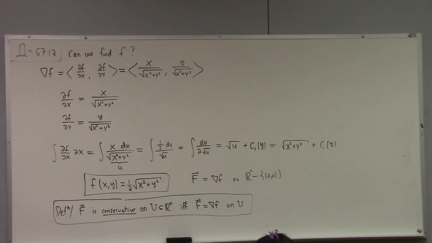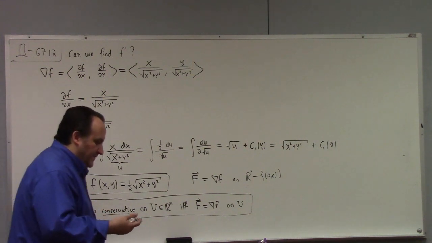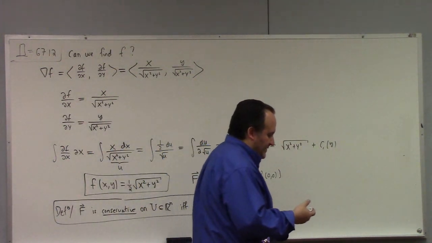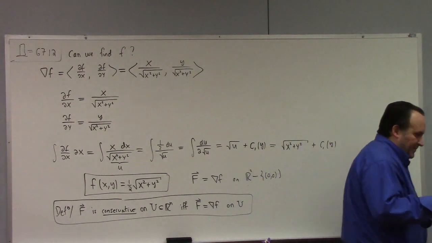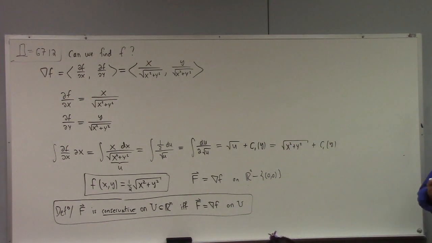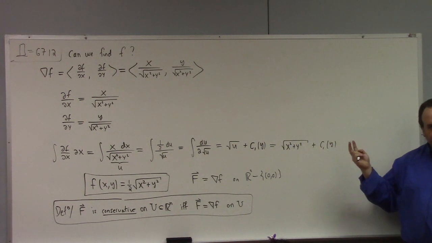Now, not all vector fields are like this, right? As we've talked about in some homework before. If your vector field isn't nice, then it's not possible to find a potential function because of the fact that partial derivatives commute.